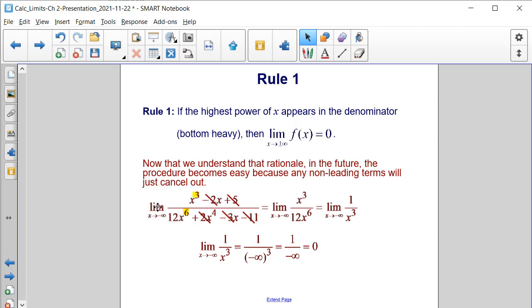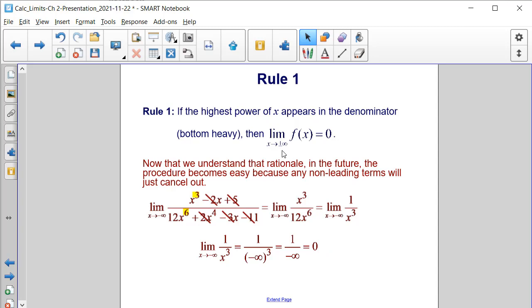So therefore, the limit of this rational function as x approaches negative infinity is equal to the limit of x cubed divided by 12x to the 6th as x approaches negative infinity, which is equal to the limit of 1 over x cubed as x approaches negative infinity. And then if we substitute negative infinity in for x cubed, we get 1 divided by negative infinity, which is equal to 0.